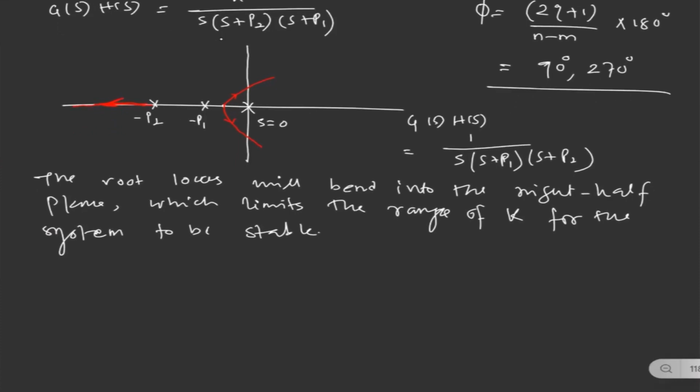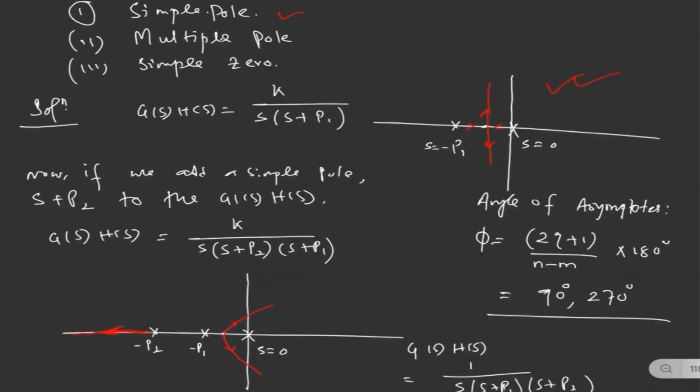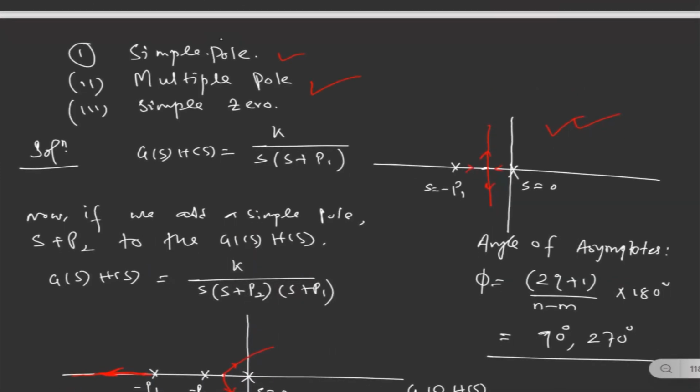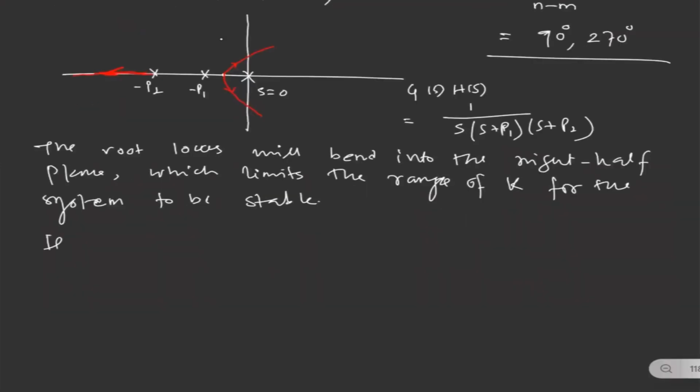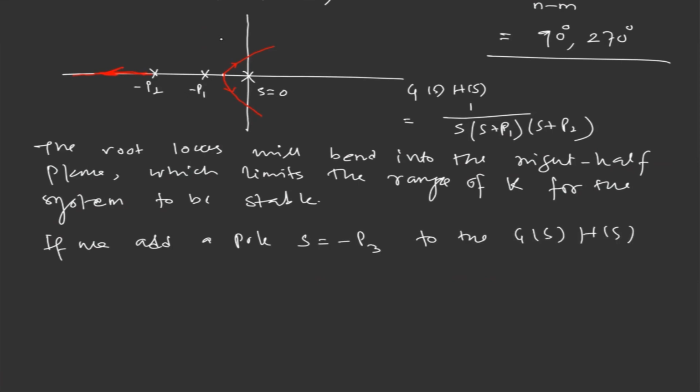Now, let's look at another condition. If we add another pole, what will happen? The second part, multiple poles. If you add another pole, for example, let's assume we add a pole equal to minus P3 to G(s)H(s), what will happen?